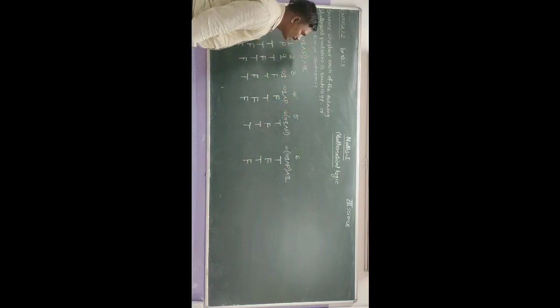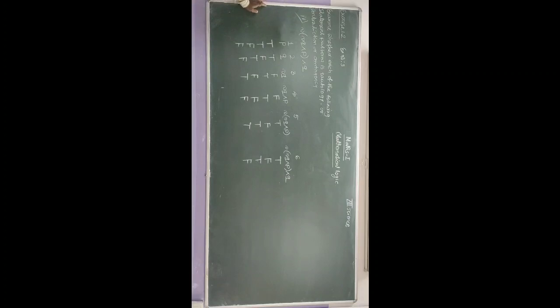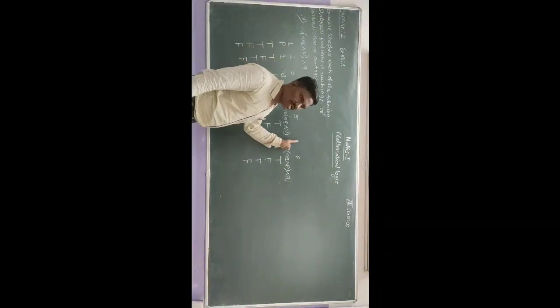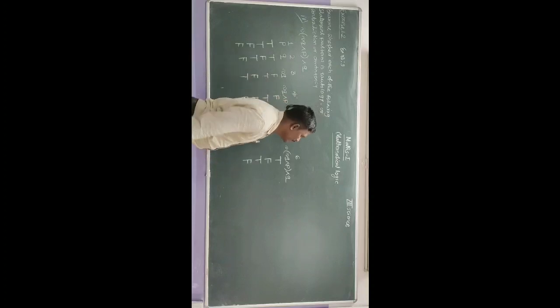Observe here that the last entries of the truth table are neither all true nor all false. That means it is neither a tautology nor a contradiction. Then what is it? It is a contingency.